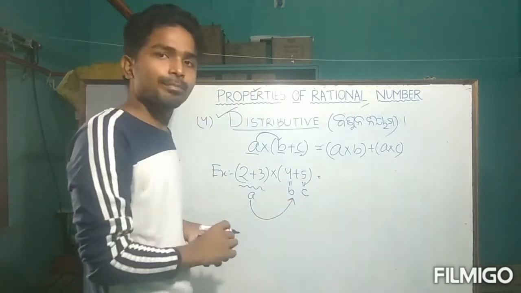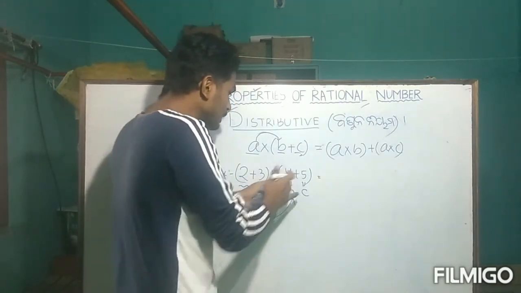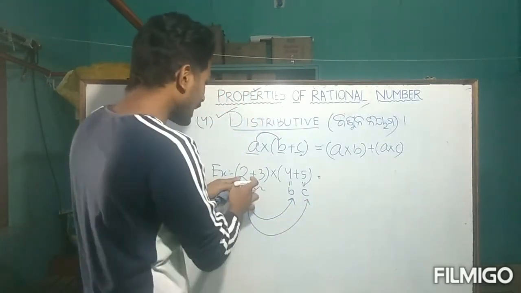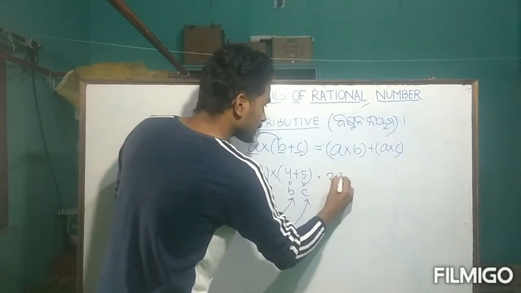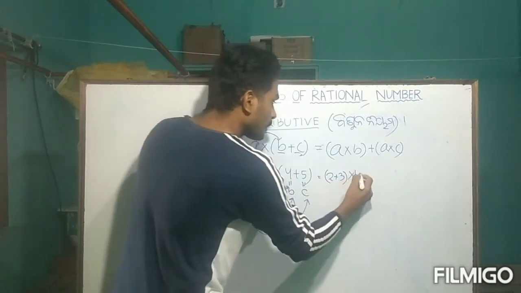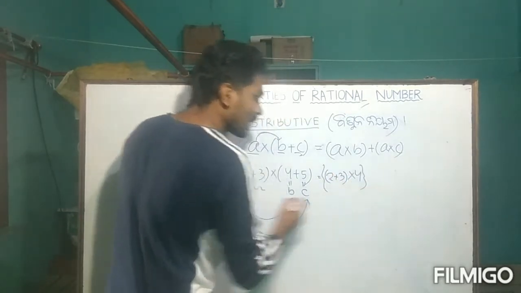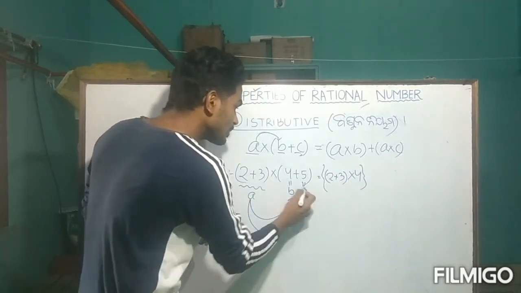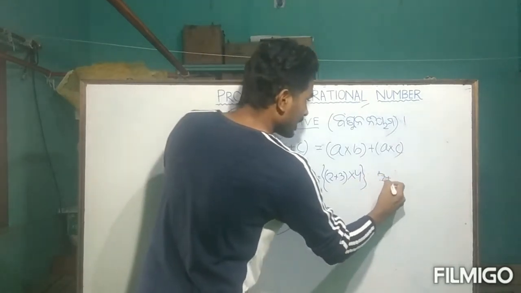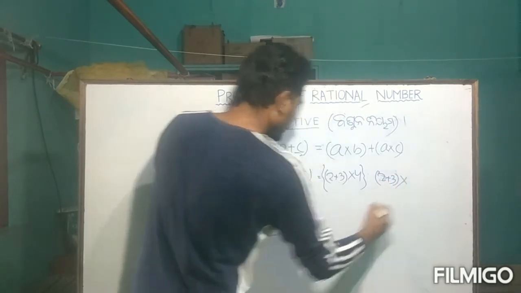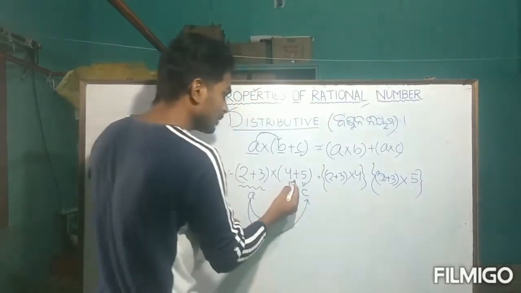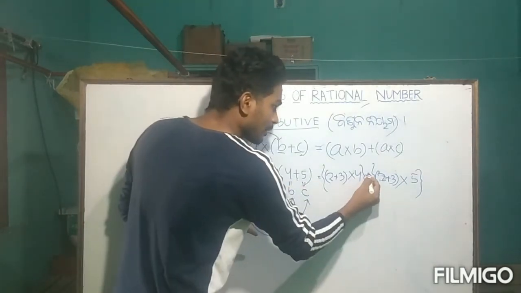First a into b, then a into c. Here a means 2 plus 3, a into b in a curly bracket, then a into c, which is 5, and in between them we have to use the plus sign.